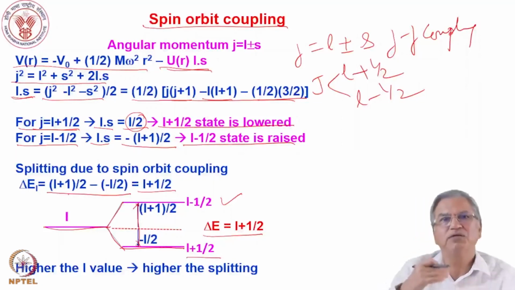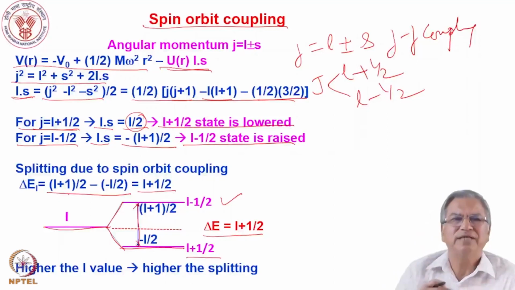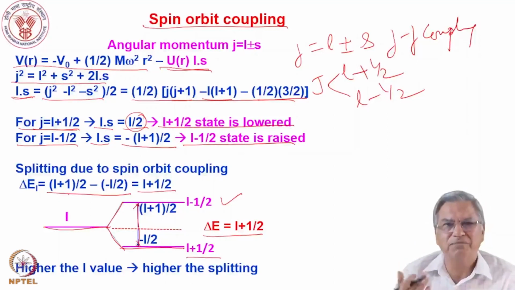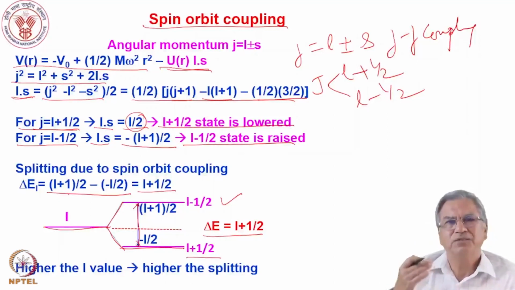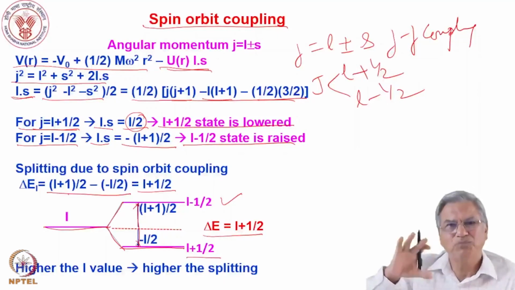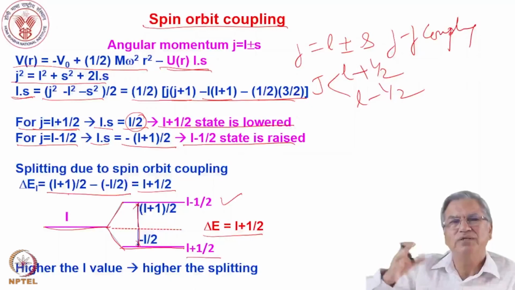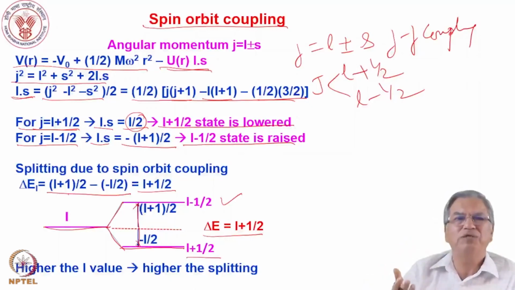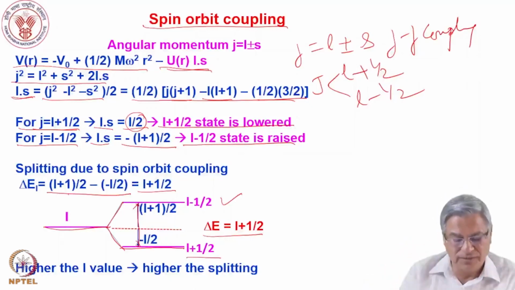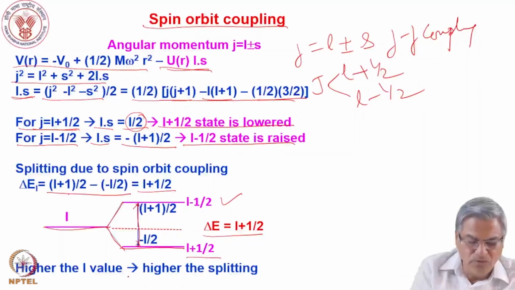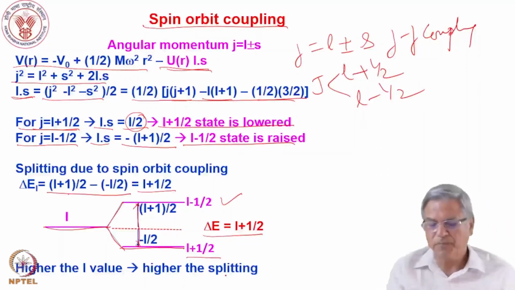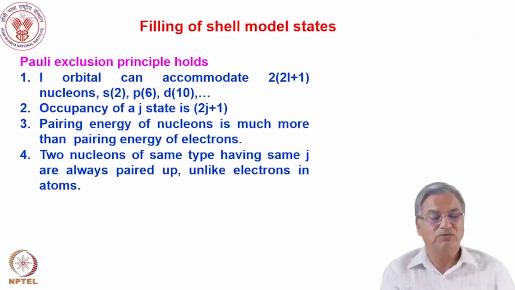This is what explains later on the higher magic numbers: because of spin orbit coupling, the higher shells are much more split, and that leads to rebunching of the orbitals in different shells. That we will see in the next slide. So the higher the L value, the larger the splitting, and the repercussions of that we will see.